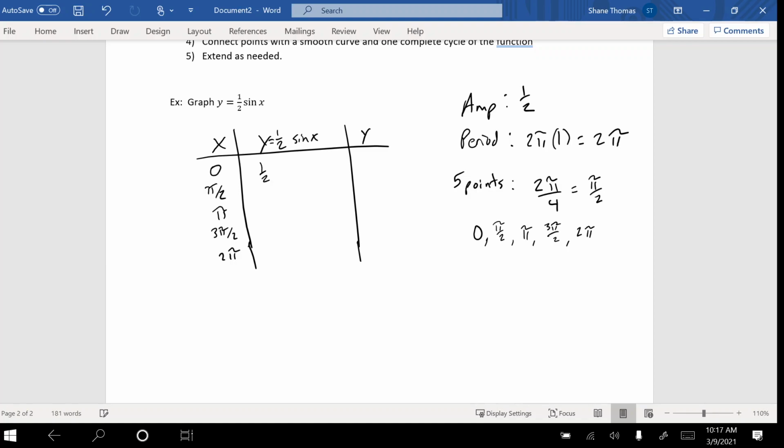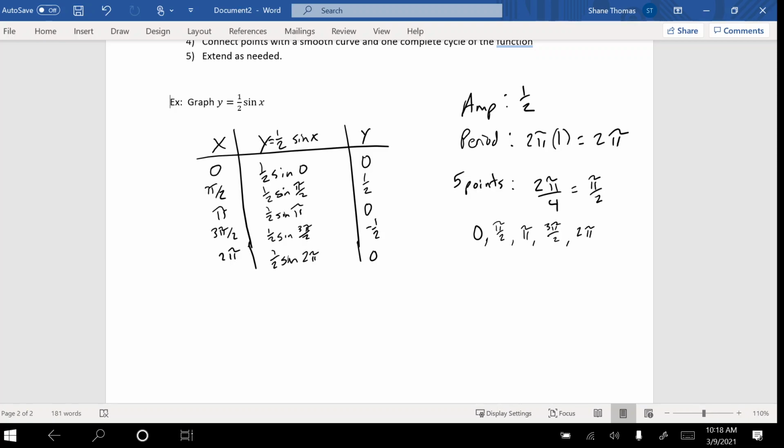So I'd have 1/2 sine of 0, which is going to give me 0. 1/2 the sine of pi over 2 turns out as 1/2. 1/2 the sine of pi is going to be 0. 1/2 sine of 3 pi over 2 is going to be negative 1/2. And finally, 1/2 the sine of 2 pi is going to be 0.